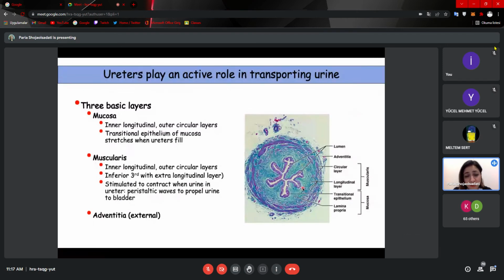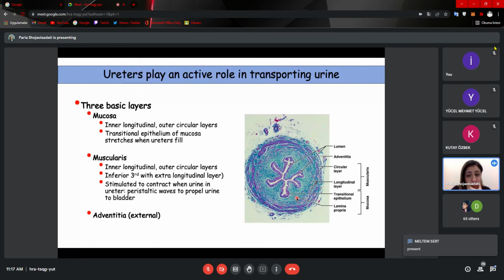Why is it important? Because the urine is produced drop by drop, and transferred through this tube drop by drop, and gravity and the peristaltic contraction of this tube transfer the produced urine to the bladder.